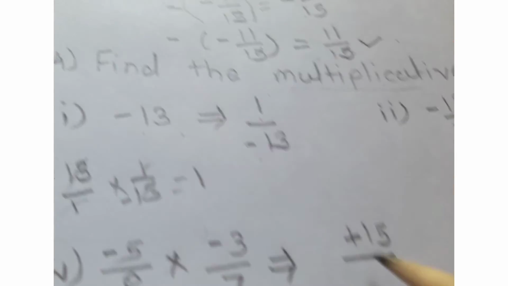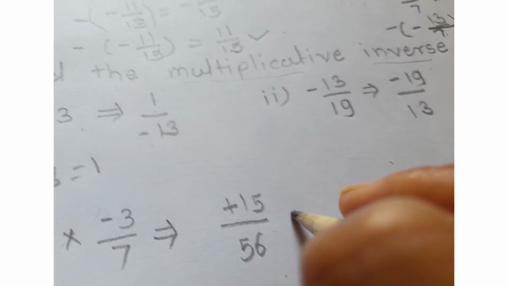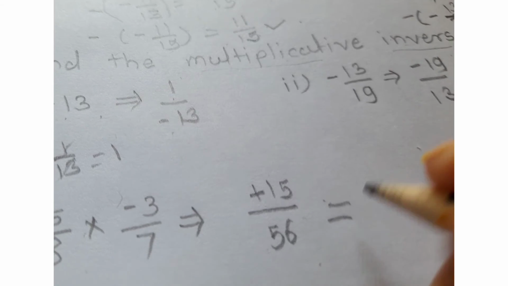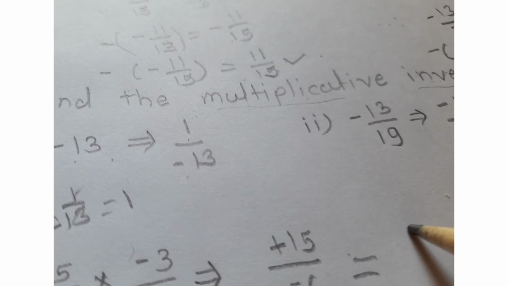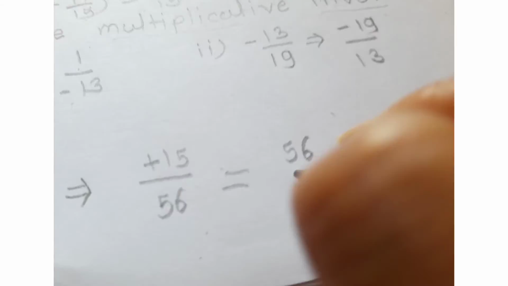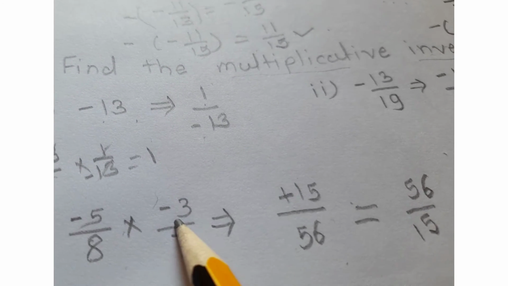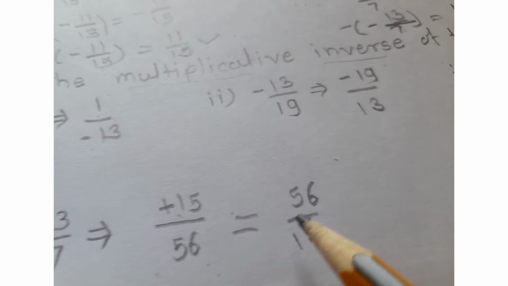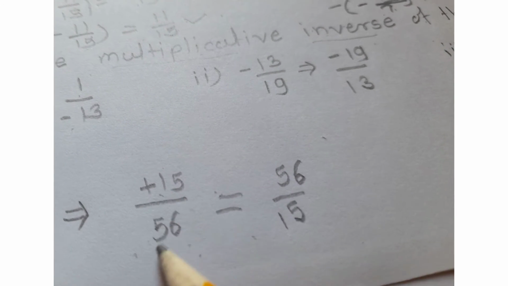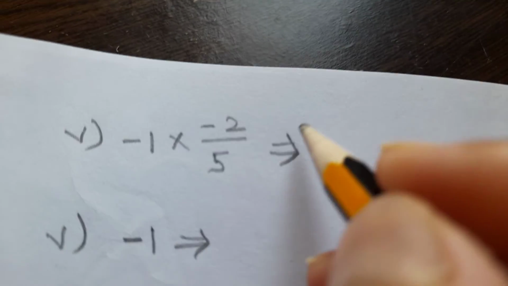We need to solve it first. 5 into 3 is 15, 8 into 7 is 56, and the sign will be plus here, since minus minus gets plus. Then 15 upon 56, and the multiplicative inverse is 56 upon 15.